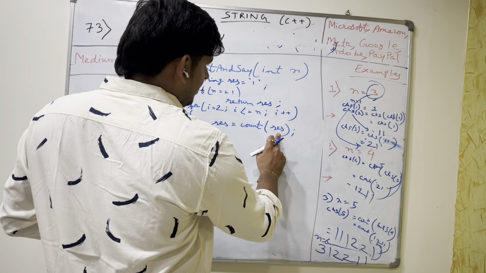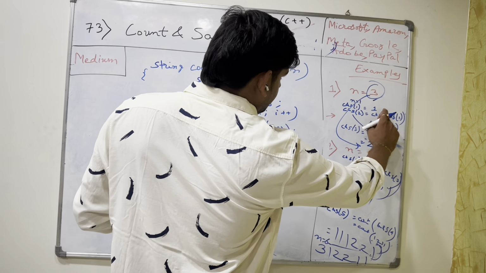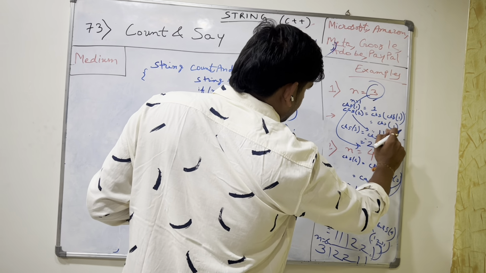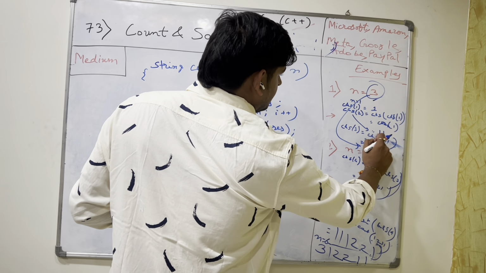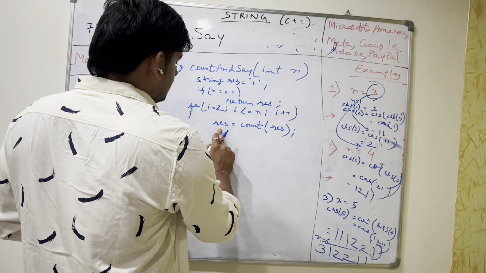So this 1 will be going here, the string 1, and then this 1 will count this value. Here we have counted this 1's value. Count this 1, this is 1 1. So this 1 1 will be counted and this will be returned to the result.